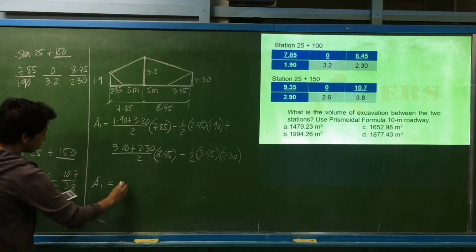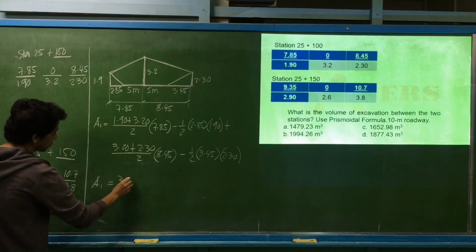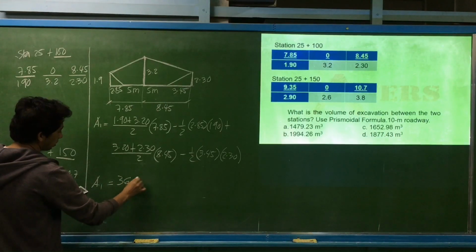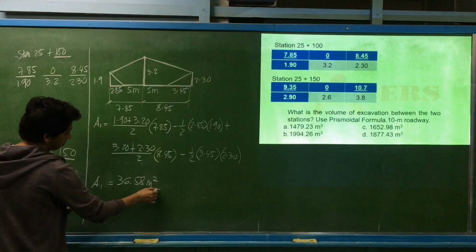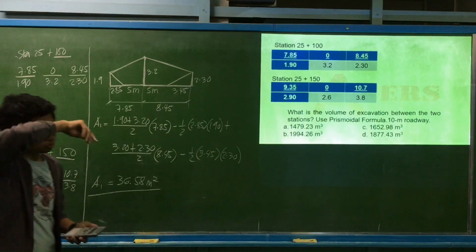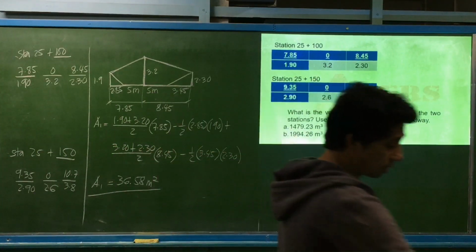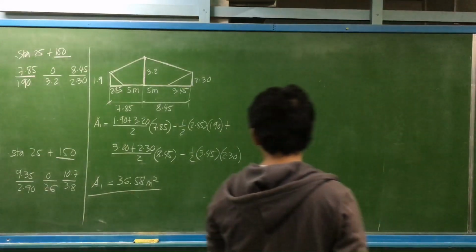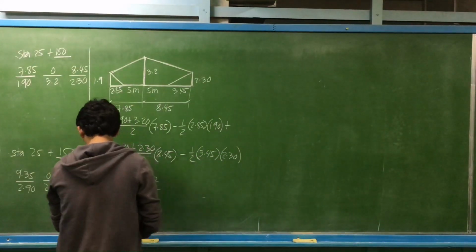Area 1 is equal to 36.558 square meters.